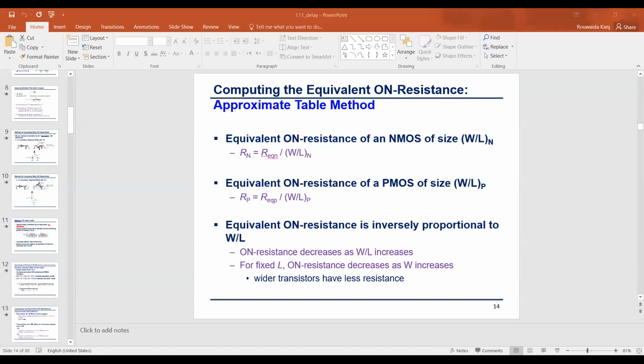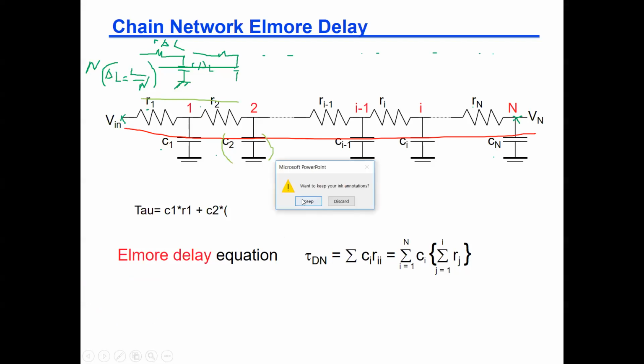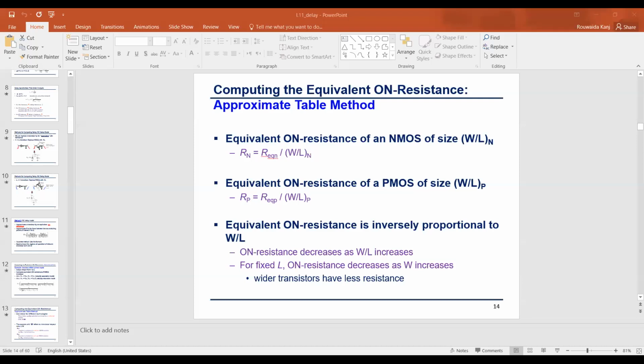If I want to draw it, the full path delay is all the resistors, because this is the full path delay, and the shared path delay. So if we look at the slideshow again a little bit, the full path delay is from V0 to Vn, and the shared path delay, if I look at C2, is R1 plus R2. So the resistance for C2 is going to be R1 plus R2.